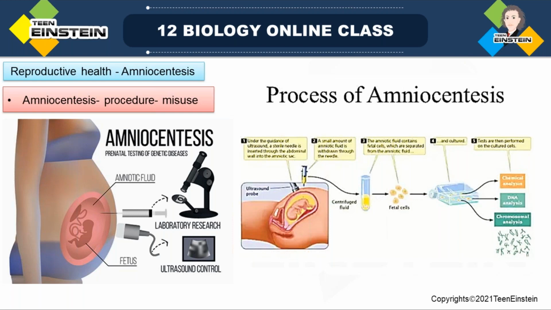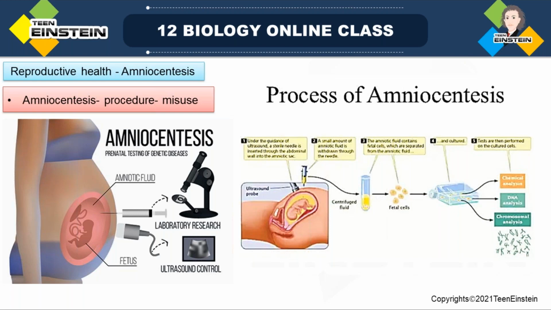So with the needle inserted into the uterus, the amniotic fluid will be collected, right? After that, the collected amniotic fluid will be sent to laboratories and further tests will be done, and analysis of that amniotic fluid will be done afterwards.